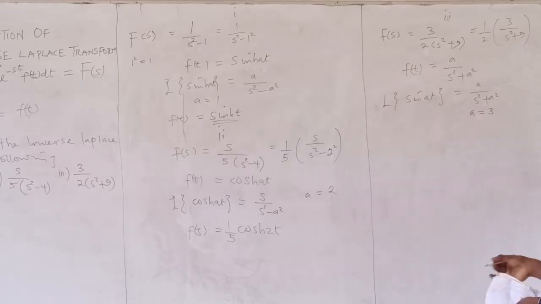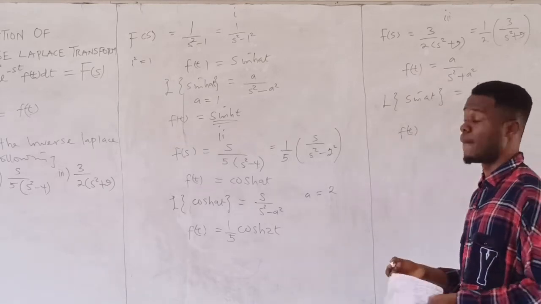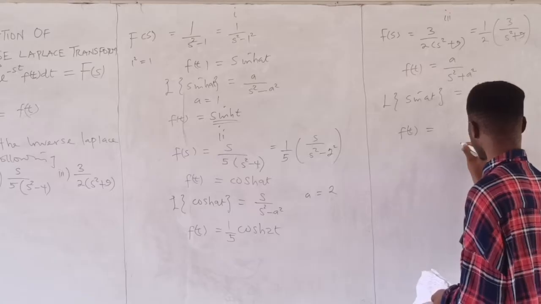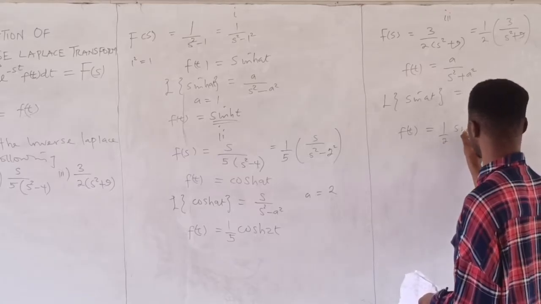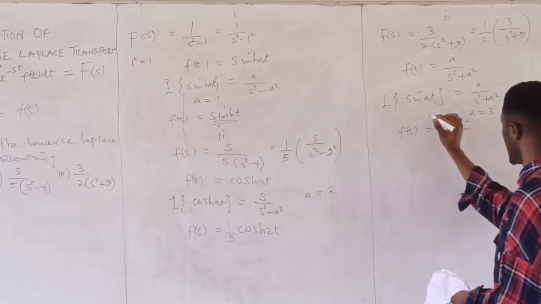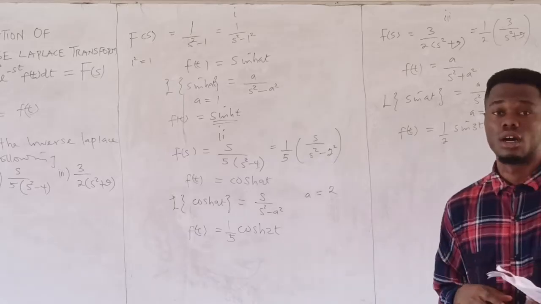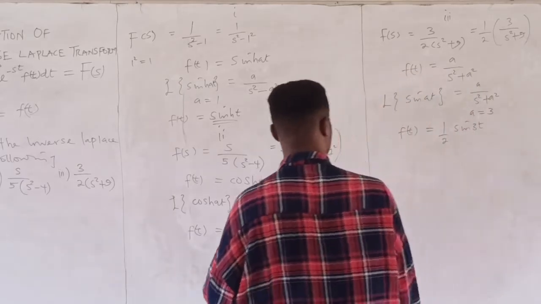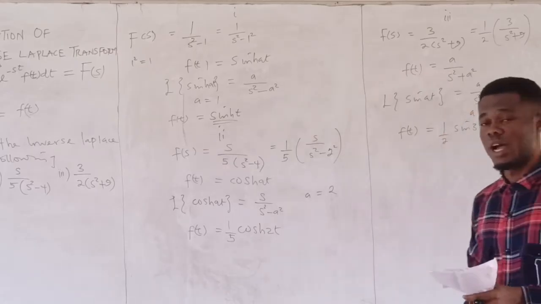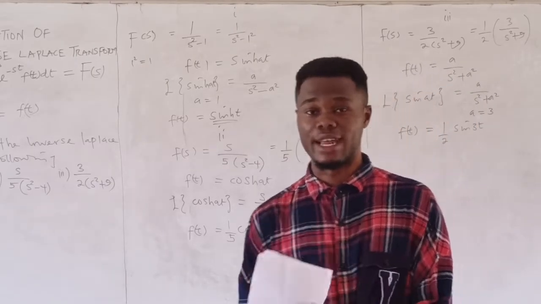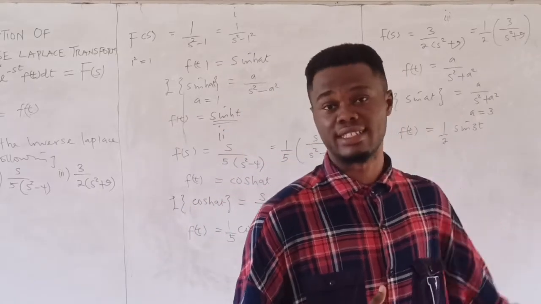So since a is equal to 3, the f of t, which is the inverse of this Laplace transform, is now equal to 1 over 2 sine at, but a is 3, so sine 3t will be the answer to this function. Are you here? So this is a very simple example. We are going to go through another set of examples, so I advise you to pause the video as I'm going to write this other example.